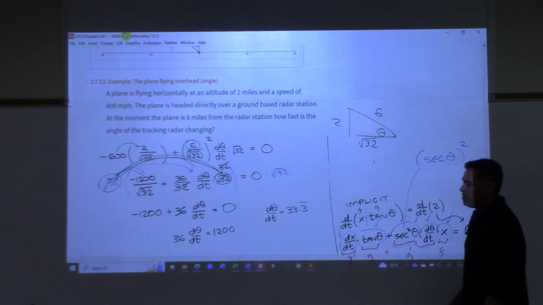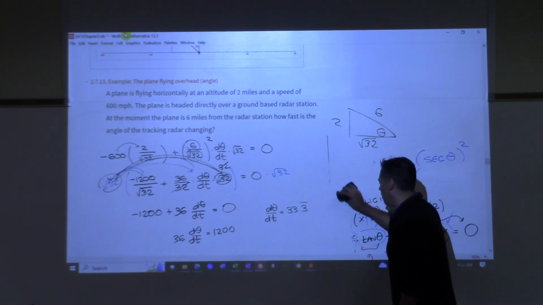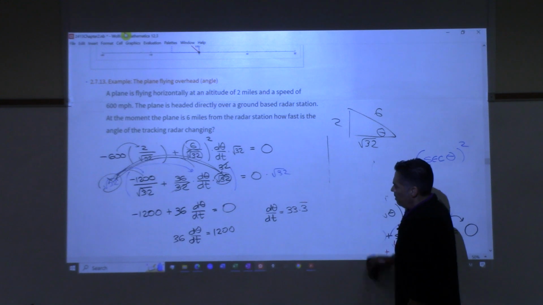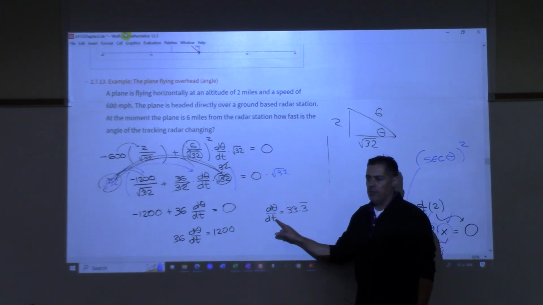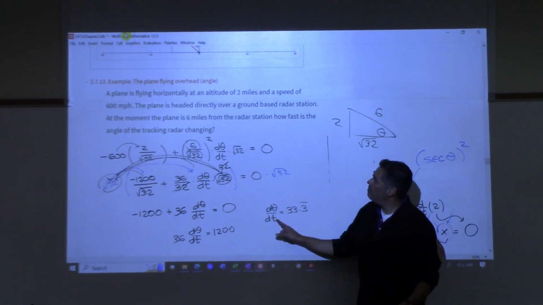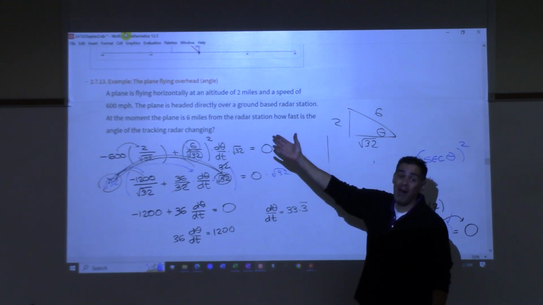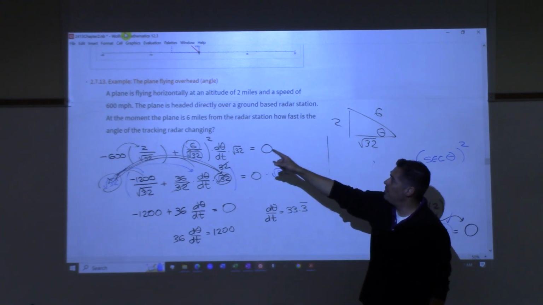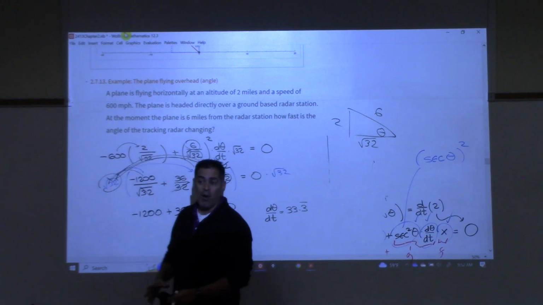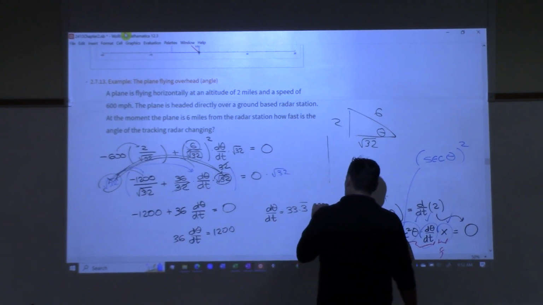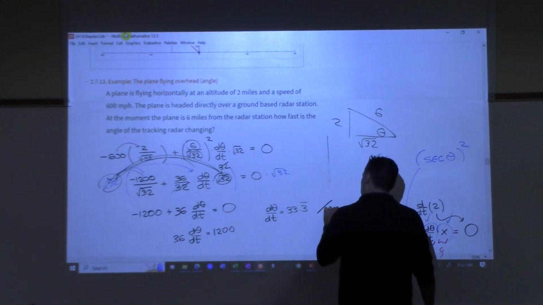What are my units? This is another tricky part of the problem. Theta and t. Well, t is measured how? In this problem, time was measured in what? Hours. The only thing I have in here that has anything to do with time is miles per hour, right? So the assumption here was that time was always in hours. So this is going to be something per hour.